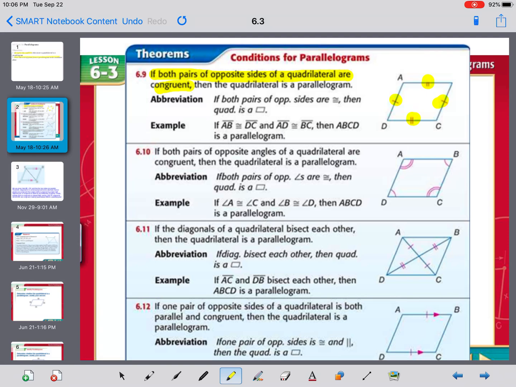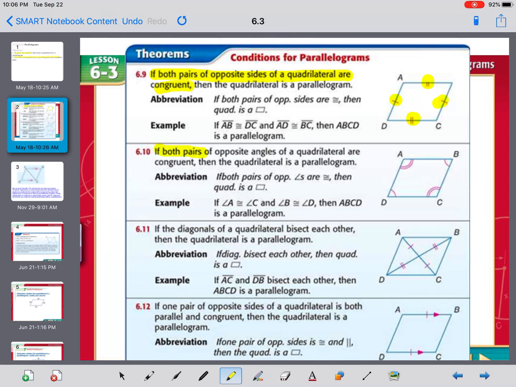And you see we've got those marked. Once you know it's a parallelogram, then everything you know about parallelograms is true.